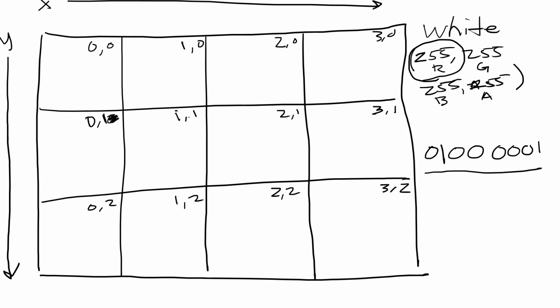Now, what we can do, open up a new slide, is say, so we have a binary value of 0, 1, 0, 0, 0, 0, 0, 1.